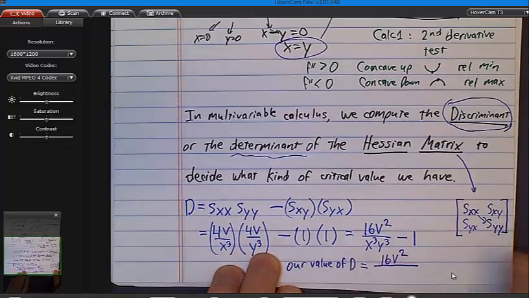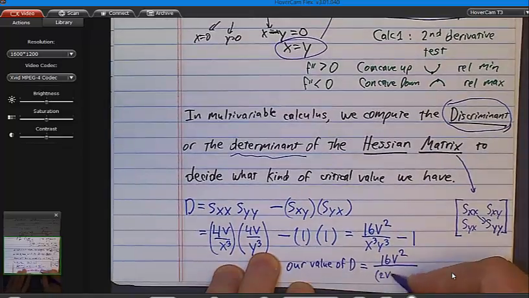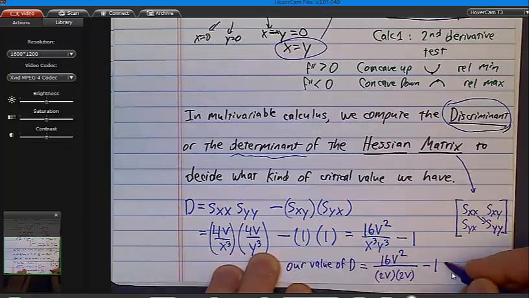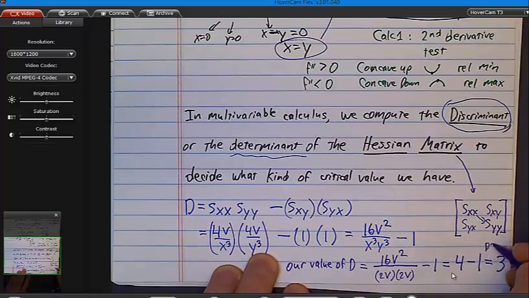So it's just over 2v times 2v, and then I'm going to subtract 1. So what do I get? 16v squared over what? 4v squared. The v squareds cancel. Sounds to me like I love this class when I get to write this on a Calc 3 problem. 4 minus 1 equals 3. The key is it's positive.